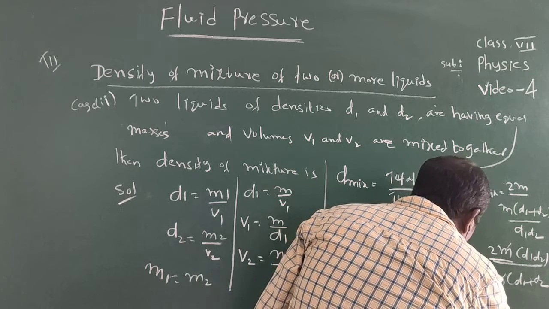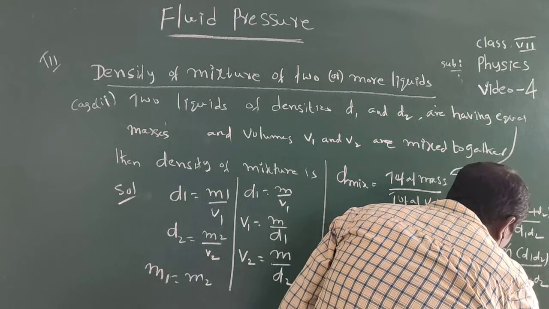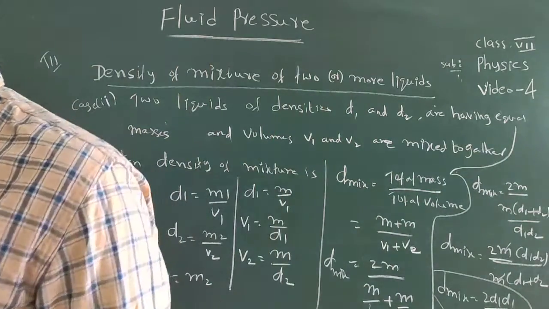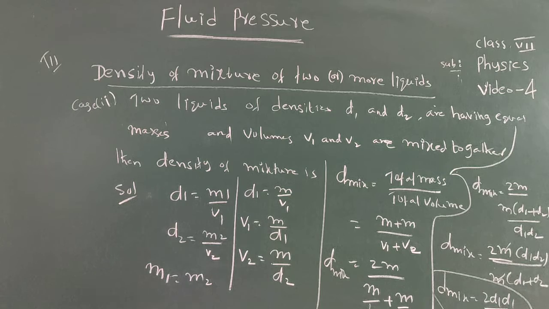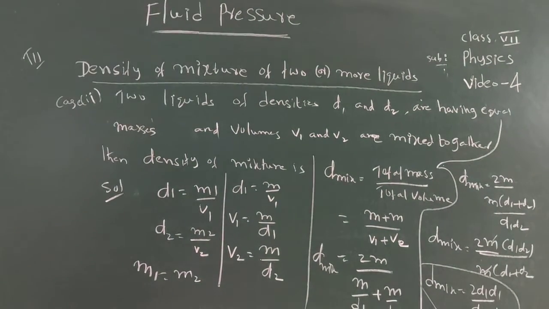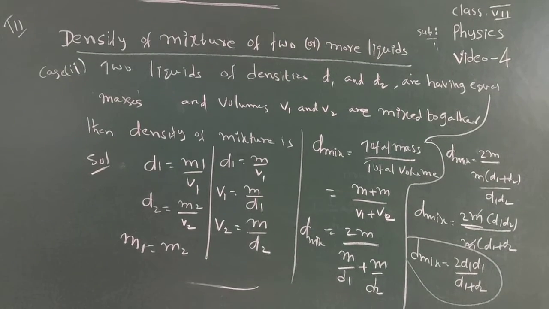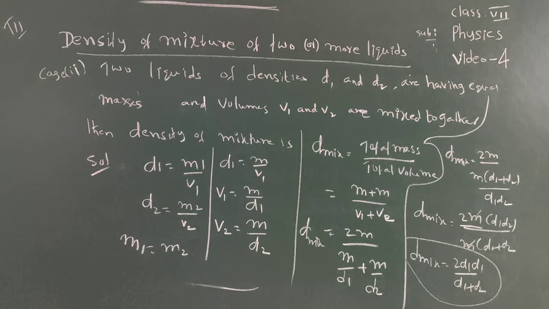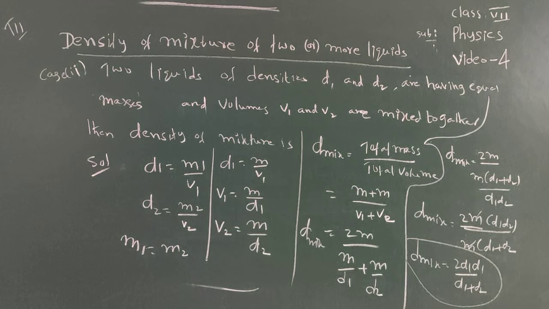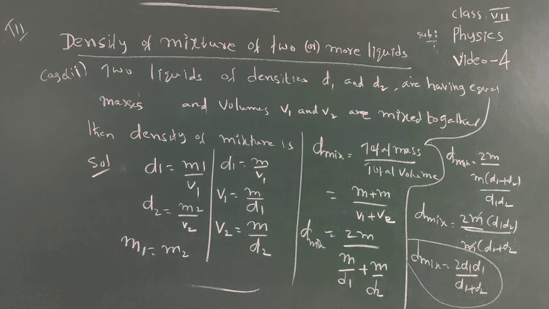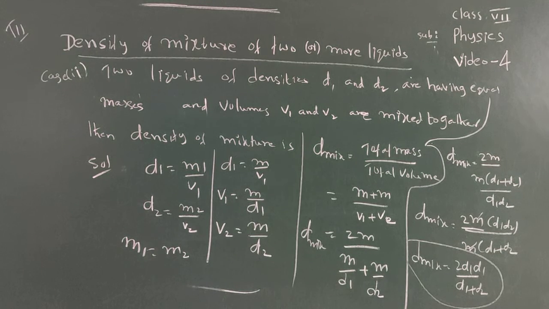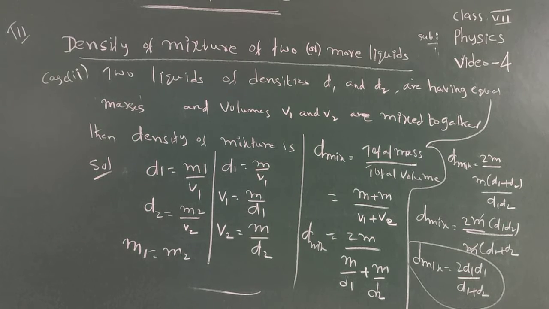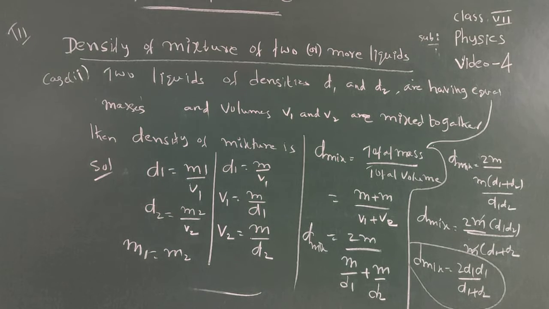Density of the mixture equal to 2 into d1 d2 by d1 plus d2. It is the density of the mixture if mass is equal: 2 d1 d2 by d1 plus d2. Okay.